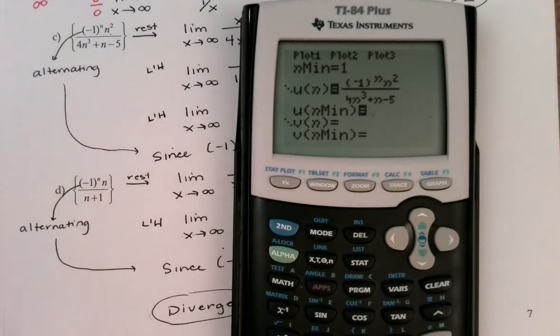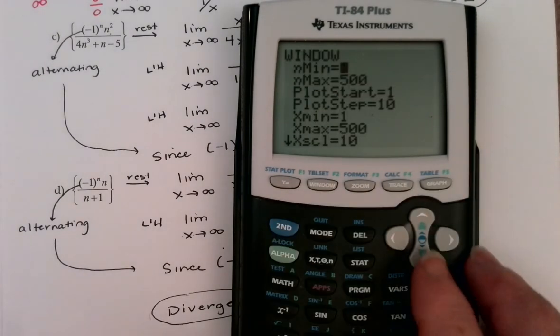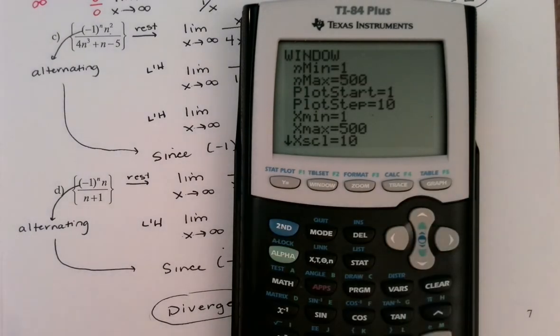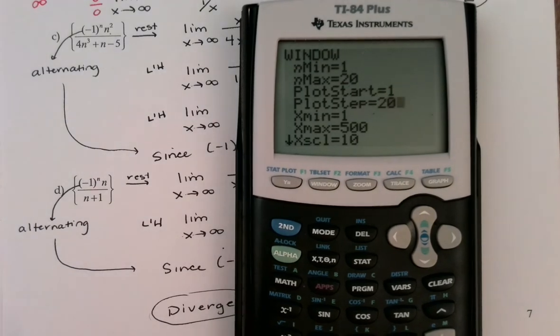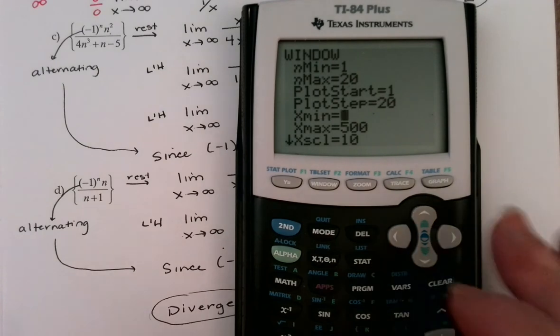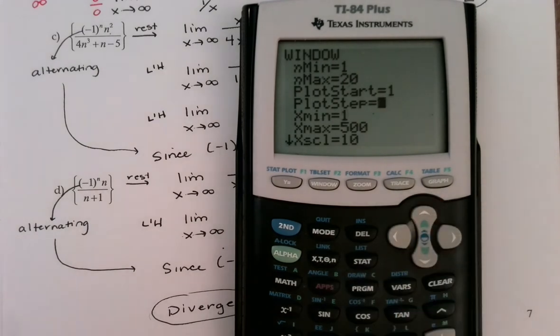Right? We're expecting the limit to be 0 on this. As far as the window, I don't think we have to go all that far. I'm just going to go from 1 to 20. For my n's, we'll start at 1 and end at 20, start at 1 and our step size is 1.